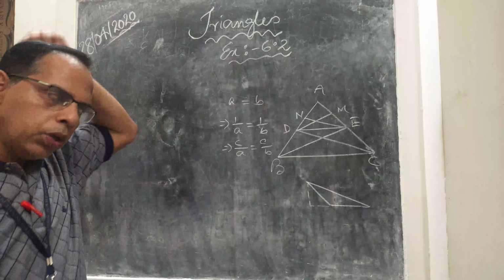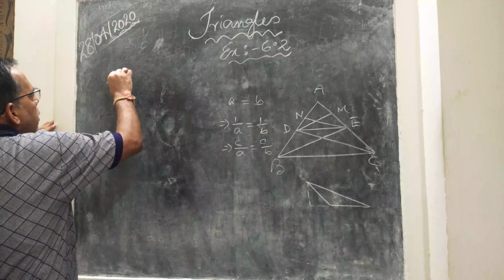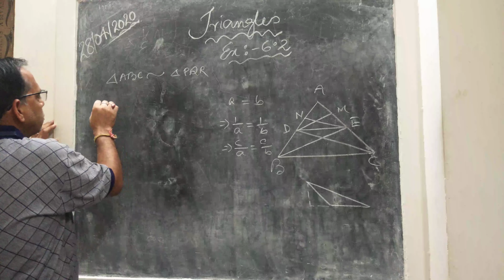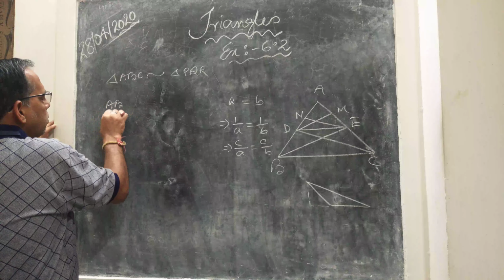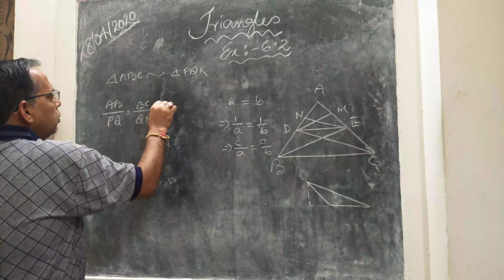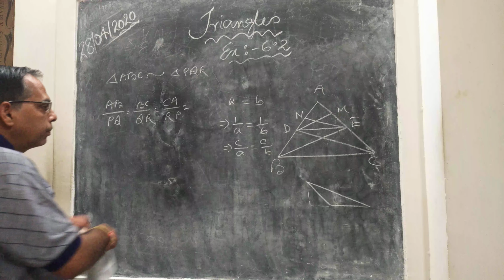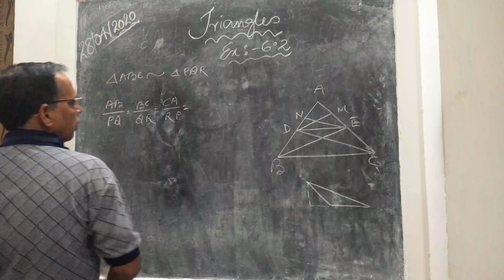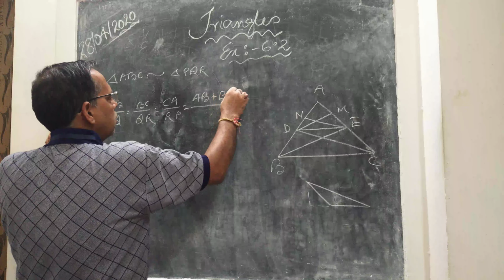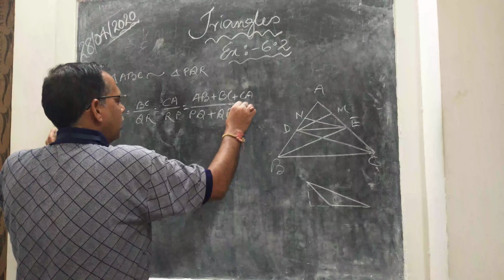So we got that if two triangles are similar, suppose triangle ABC is similar to triangle PQR, then AB by PQ equals BC by QR equals CA by RP, which equals AB plus BC plus CA over PQ plus QR plus RP.